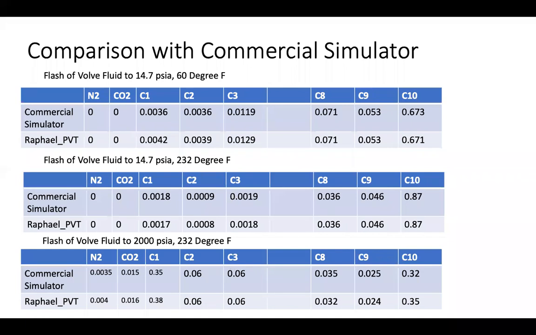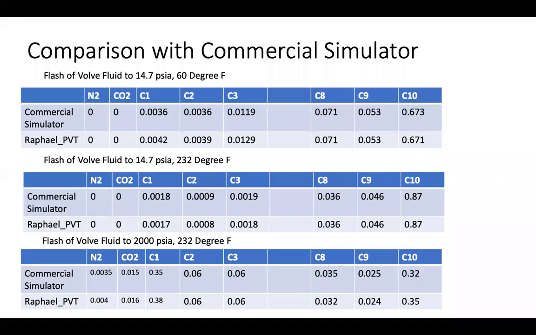And then I flashed the Wall fluid at 2000 psi and 232 degrees Fahrenheit. And I found, once again, the compositions to be very adjacent. So that should establish confidence in the simulator, at least for straightforward flashes. Okay, so this is the end of my presentation.